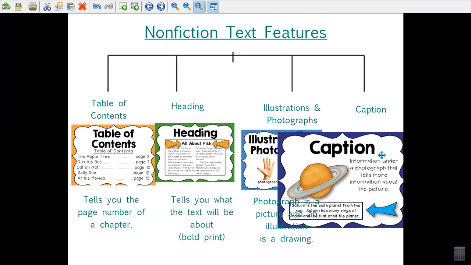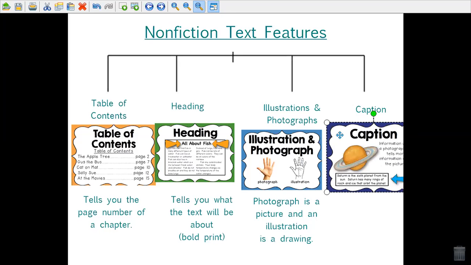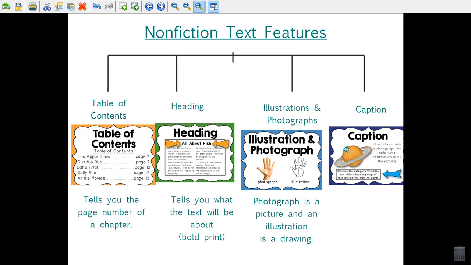I bet everybody knows what planet this is. Saturn. And underneath the picture or the illustration is a caption. It says Saturn is the 6th planet from the sun. Saturn has many rings of rock and ice that orbit the planet. So the caption is what is underneath or beside a picture or an illustration. It tells you more about the picture.